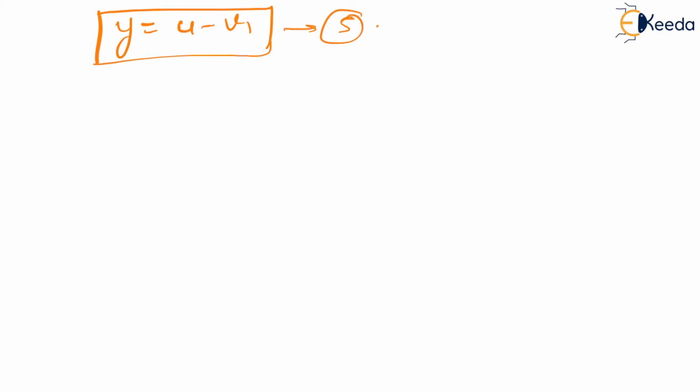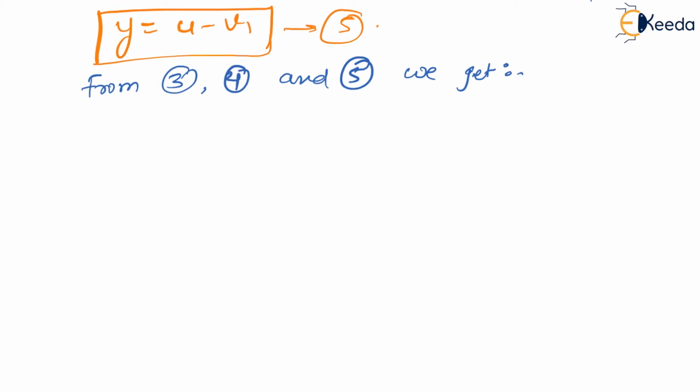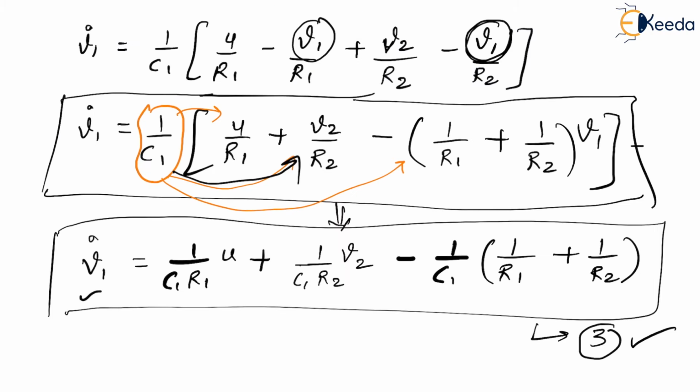So Y is equal to U minus V1. Let me take this as equation 5. Now let me take these equations.